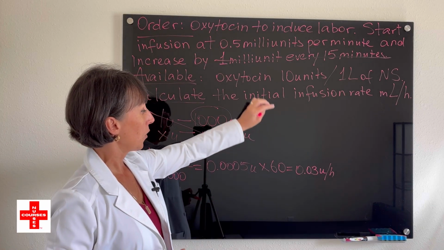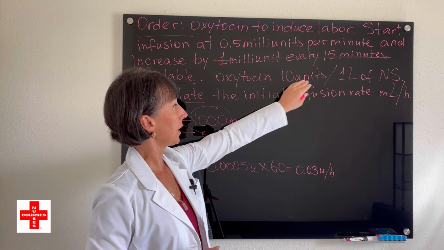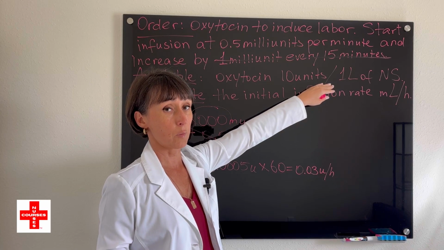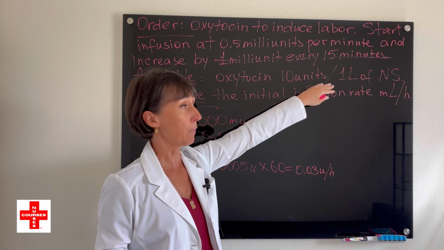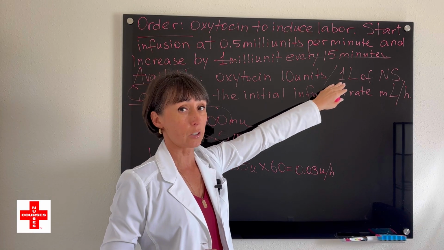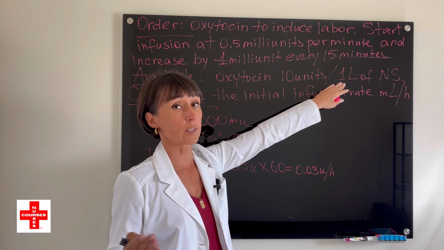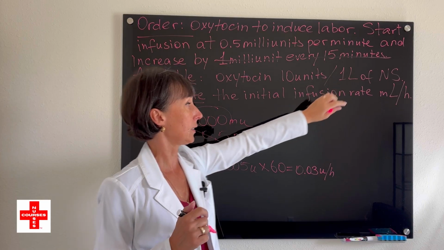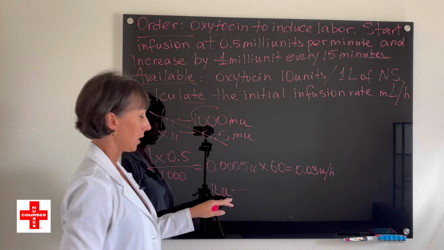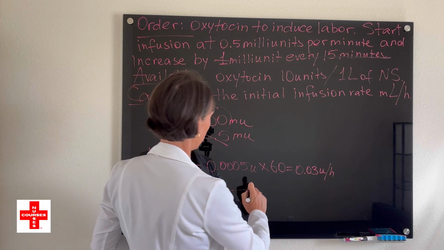Okay, now I can use this and plug it into my concentration to find how many milliliters an hour to set on a pump. Now, concentration is given in units per liter, and I know that liter is 1,000 milliliters, and I'm going to write it like that. 10 units is 1,000 milliliters.